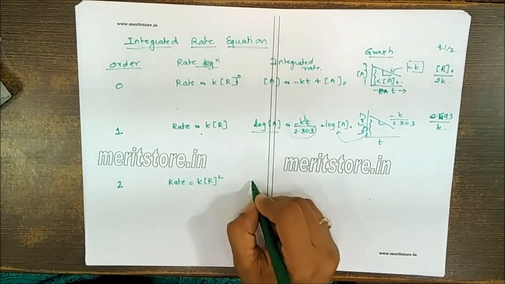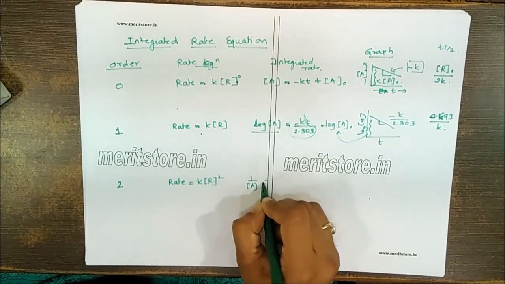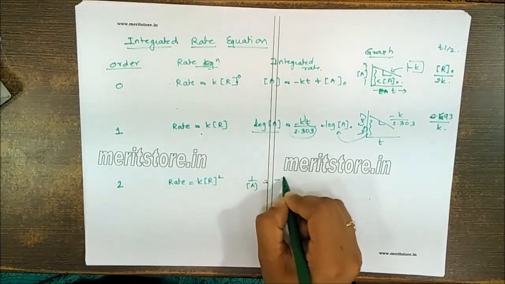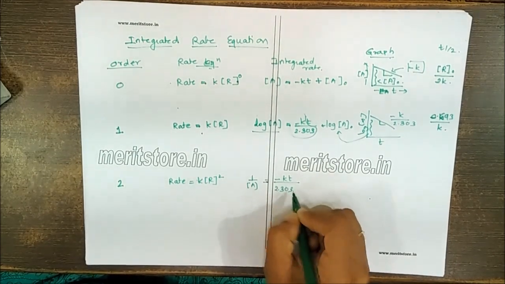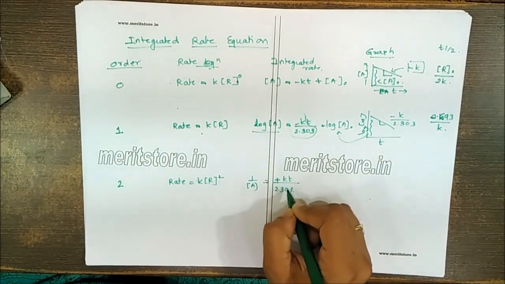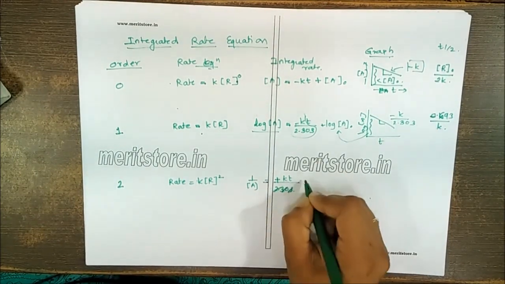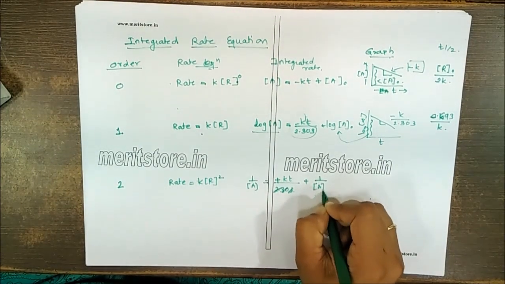In case of a second order reaction, the rate is equal to K A raised to 2, because it's a second order. If you integrate this, 1 upon A = KT plus 1 upon A0.